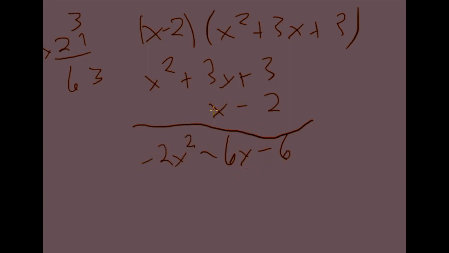And here's a crucial step, is put this under the like term, the same exponent. So x times 3 is 3x, right? So you wouldn't put it under the negative 6. So 3x, and then this is going to be 3x squared. And this one's going to be x to the third.